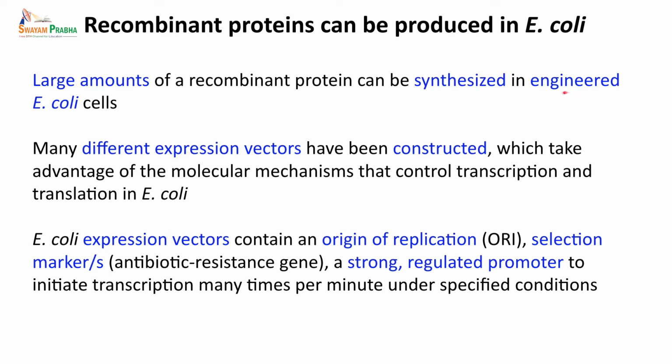Okay, so they have been genetically engineered to have certain properties, and we will come to that later in this lecture. Also, as we have discussed in previous lectures, many different expression vectors have already been constructed that can be used in E. coli. And all these expression vectors have been made possible because a lot of the molecular mechanisms of E. coli have been very well studied.